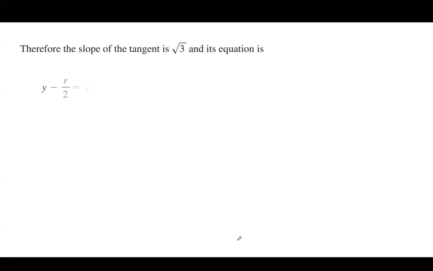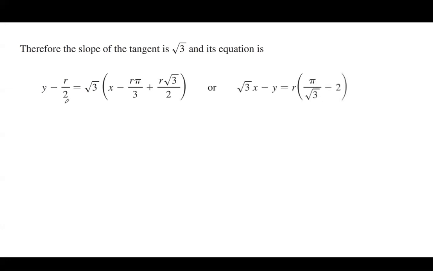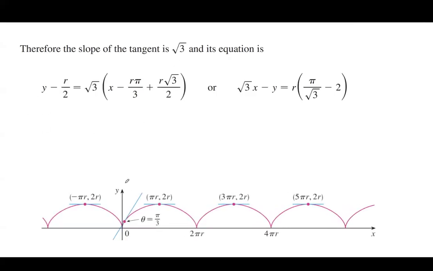The equation is a little bit complicated, but it's because we have r. y minus r divided by 2, which is your y sub 1, equals m times (x minus x sub 1). You can simplify this further, or you can leave it as it is. The visualization of the cycloid is as follows.